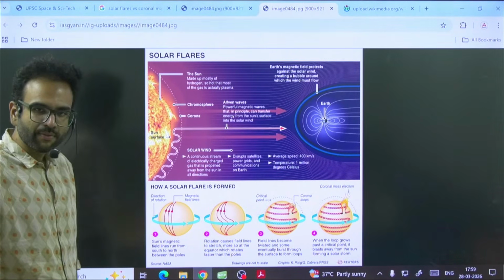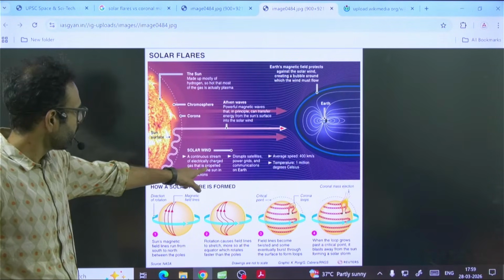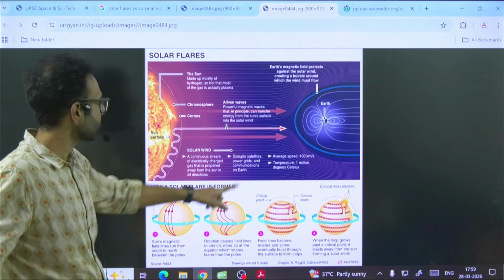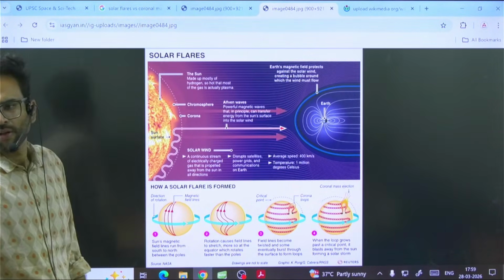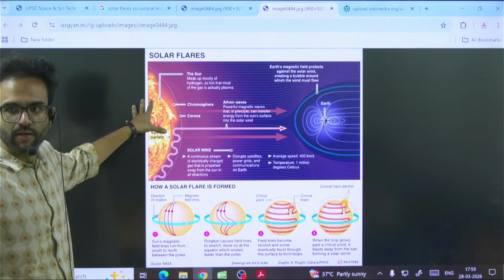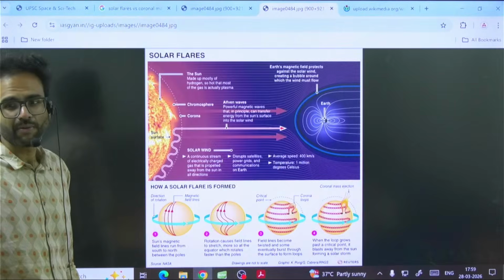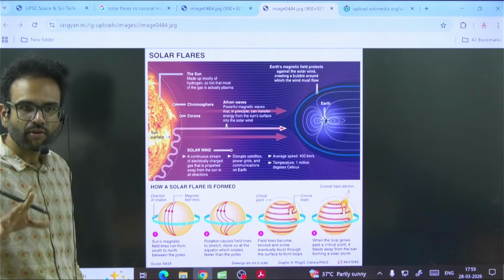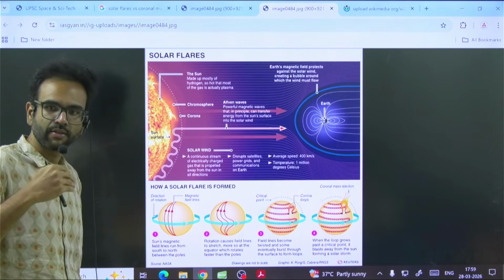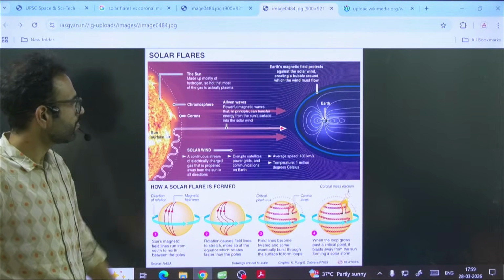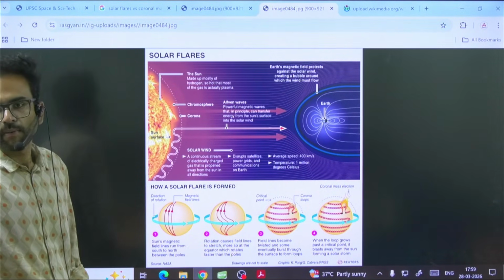What is solar wind? A continuous stream of electrically charged gas that is propelled away from the sun in all directions. So when that solar wind hits the outer space, they can disrupt the frequency of communication between the satellite center on Earth and the satellites, and can disrupt the entire power grids.